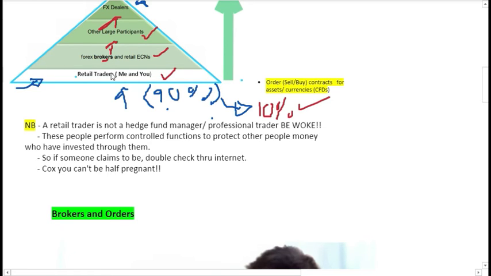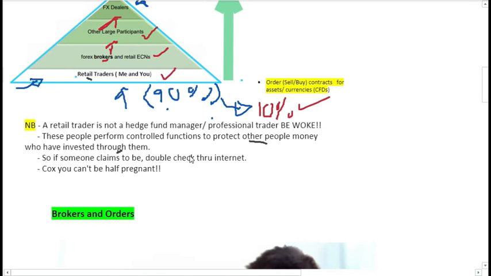From this pyramid, these guys are not hedge fund managers or professional traders, right? So you should be very careful, be vigilant, right? These people who are called professionals perform what we call a controlled function, so that they protect other people's money, right? Those who have invested through them. That's who these professionals are.